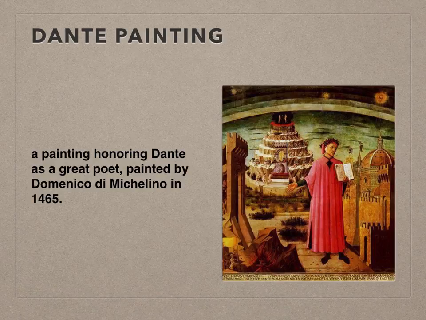And then I want to show you this painting of Dante. This painting depicts Dante during his exile from Florence due to his political beliefs, and he actually died in a town called Ravenna.